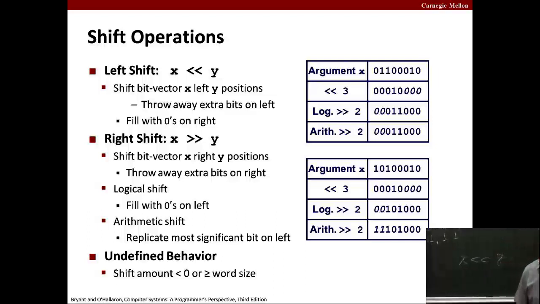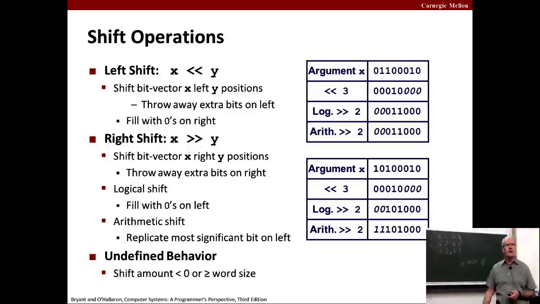What do you think you should get? 0? That would be a pretty logical thing. You shift all those bits out, you fill them with zeros. On most machines, you'll get whatever x was, because it will compute the shift amount mod 8.